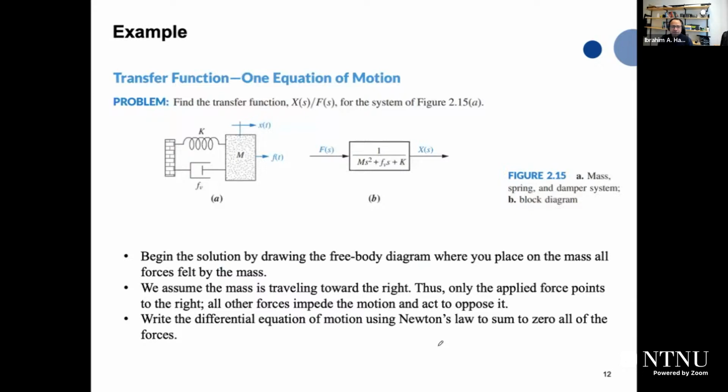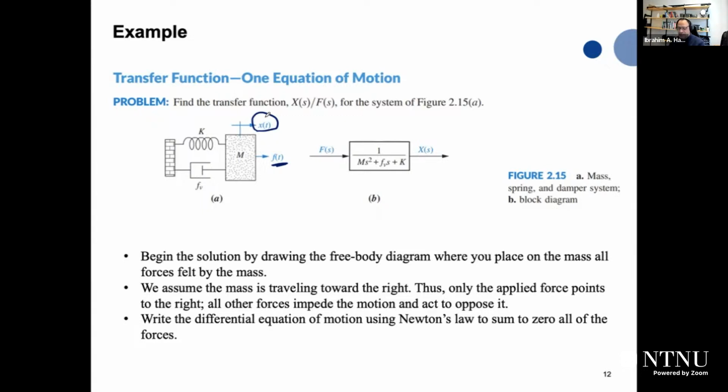In this example, we are asked to find the transfer function X of S divided by F of S for the system. F of S is the force, and X of S is the displacement. You have a wall and a mass, and this mass is connected to the wall with a spring and a damper.